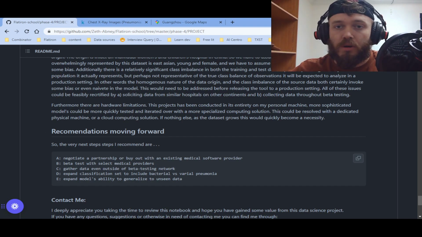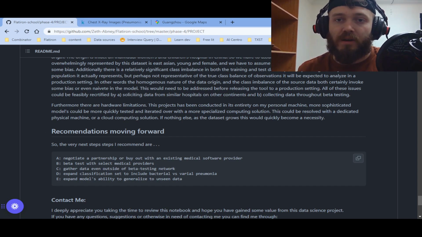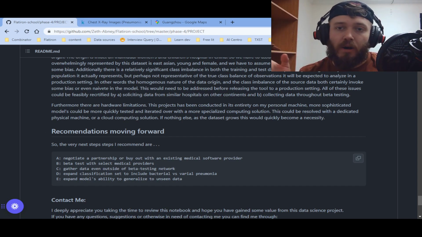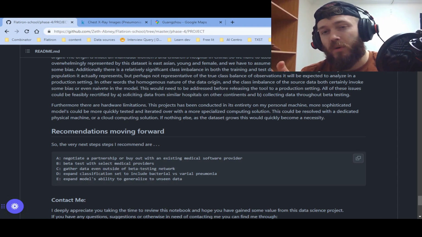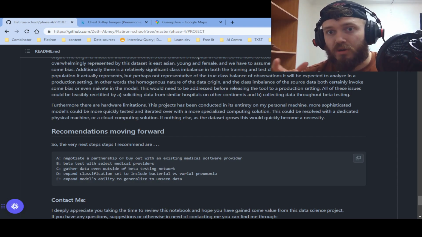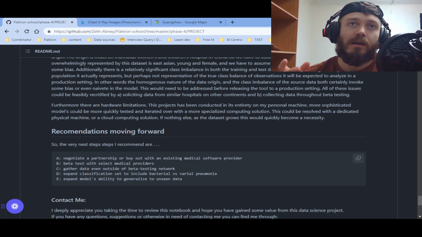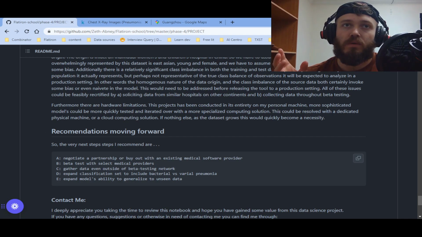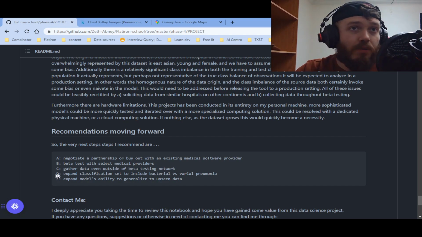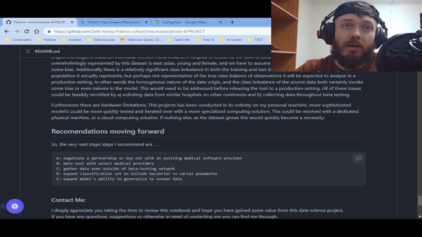Never mind how good it is at classifying pneumonia, but how does the tool, not necessarily the model, but the user interface, impact the actual people using it, and their ability to get work done in a timely manner? That would need to be explored.